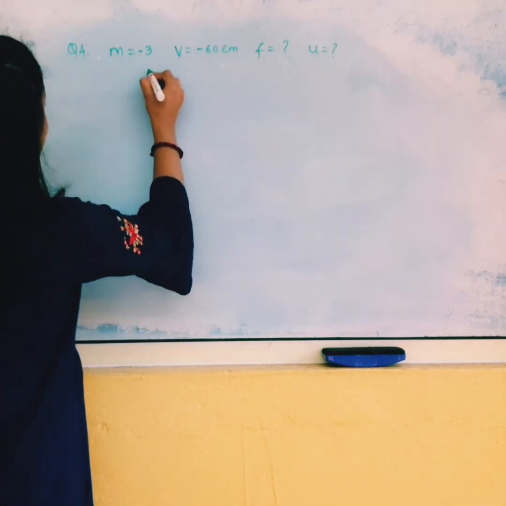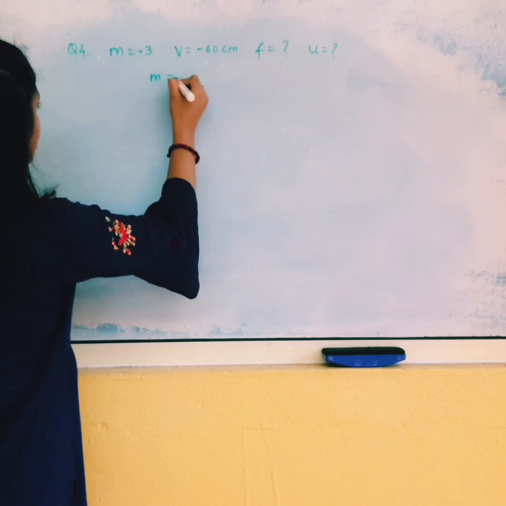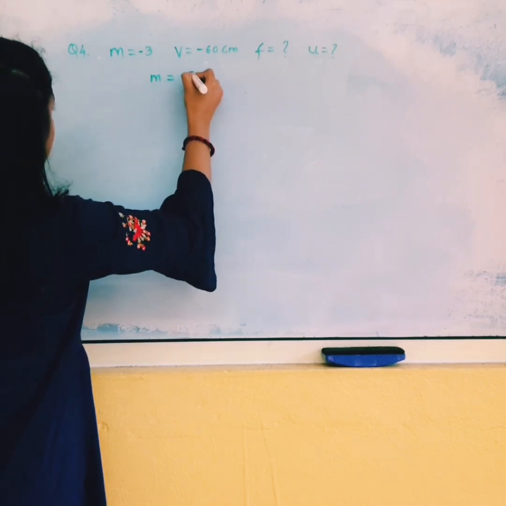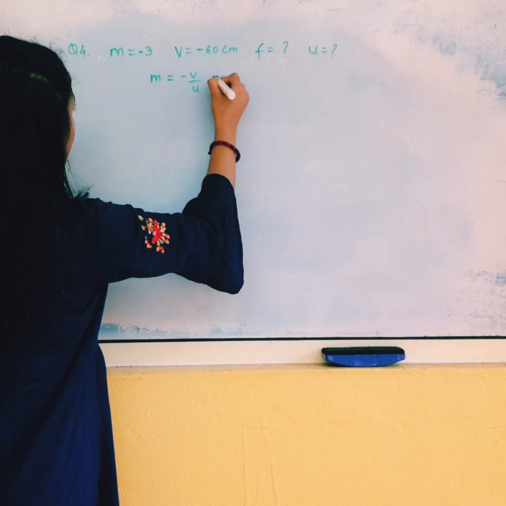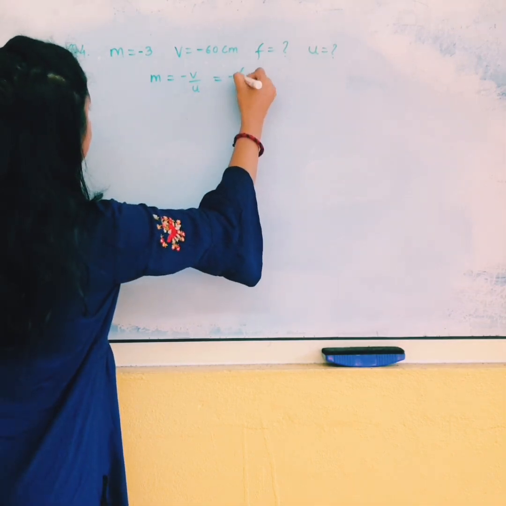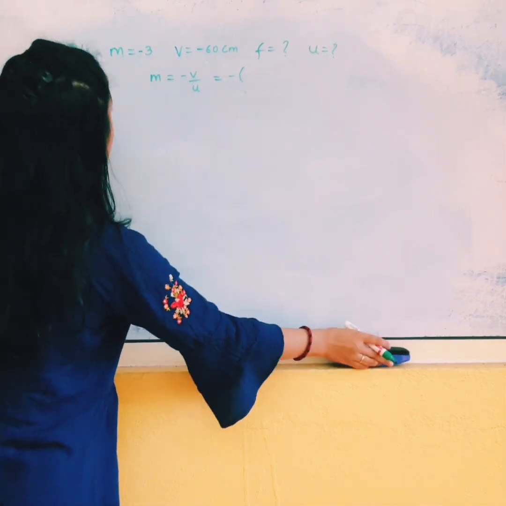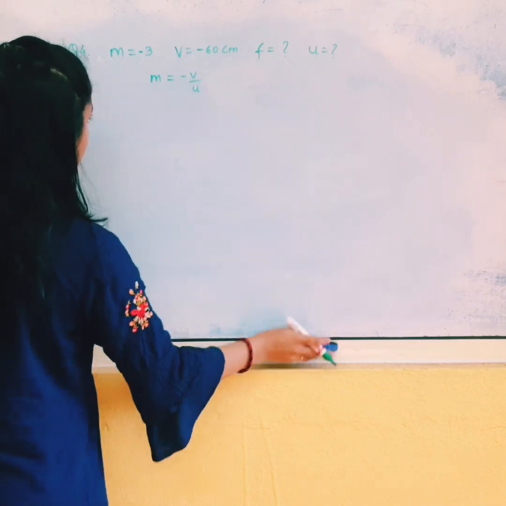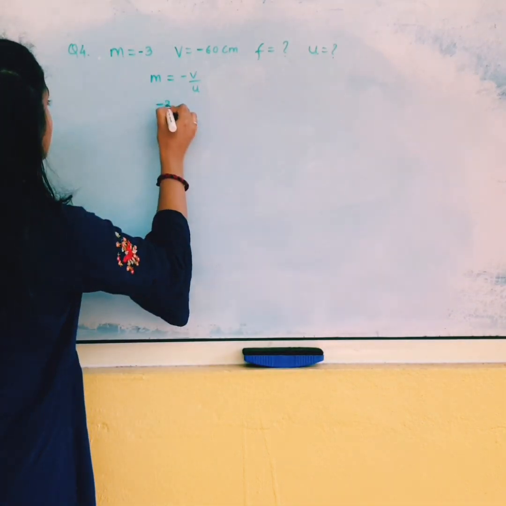Okay. So let's use the formula of magnification for the mirror, which is -v/u. So let's substitute the values. So magnification is given.